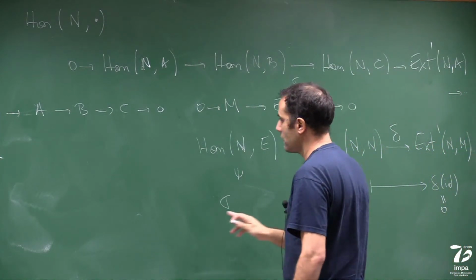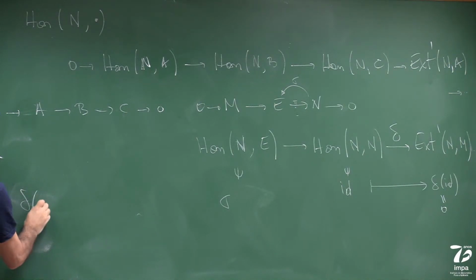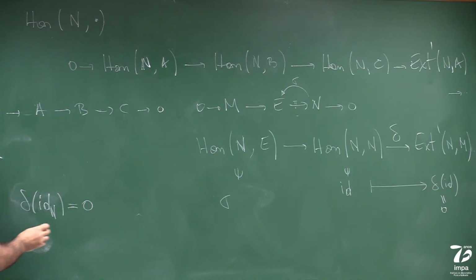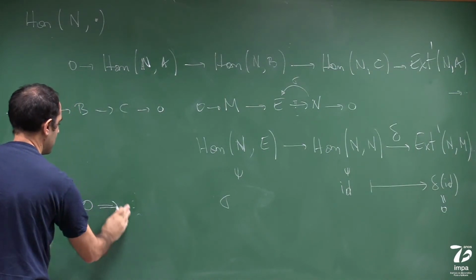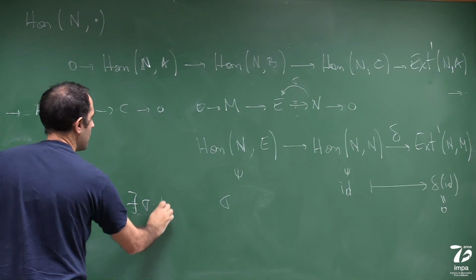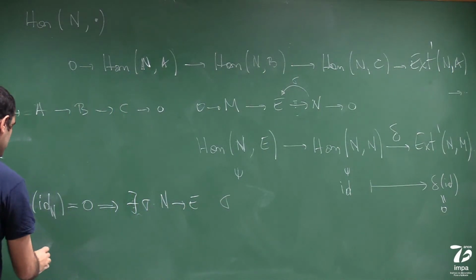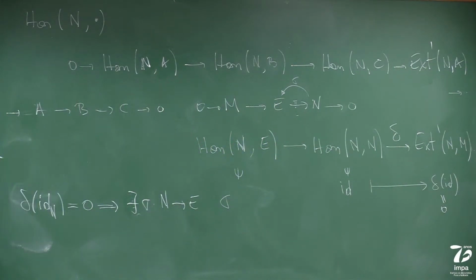Okay, so the lemma we just proved is that if delta of the identity of N is 0, then this implies that there exists a sigma, which is a section from N into E that splits pi. Okay, so now I claim that this implies that that sequence is trivial.